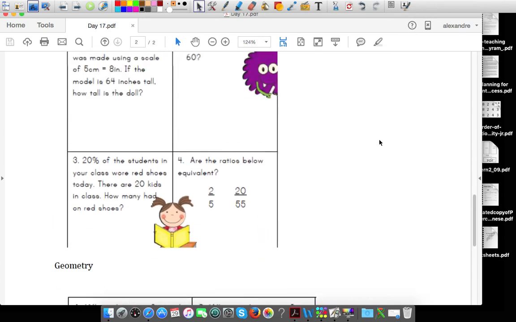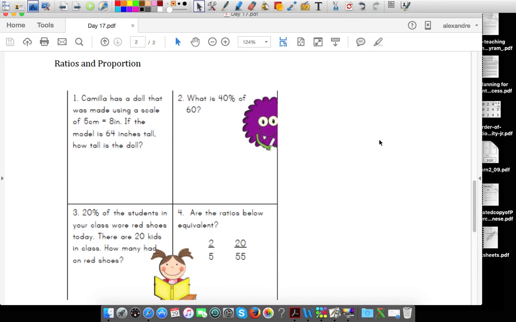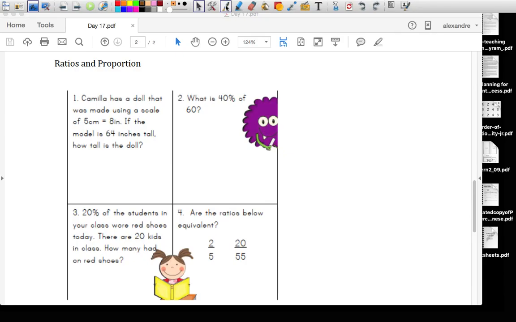Okay. So ratios and proportions. Camila has a doll that was made using a scale of 5 centimeters equals 8 inches. If the doll is 64 inches tall, how tall is the doll? Okay, so 5 centimeters over 8 inches is your ratio.